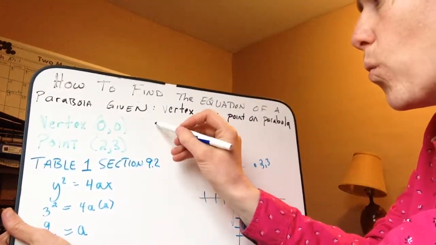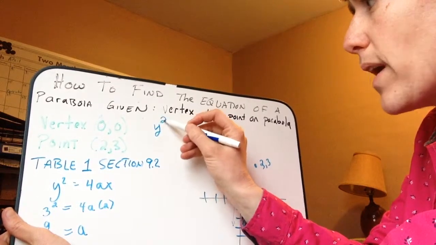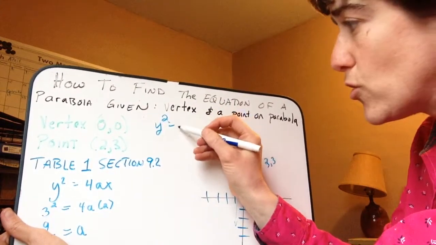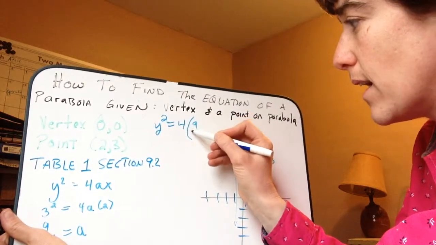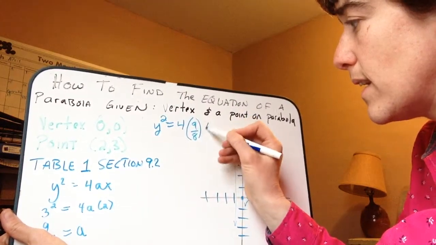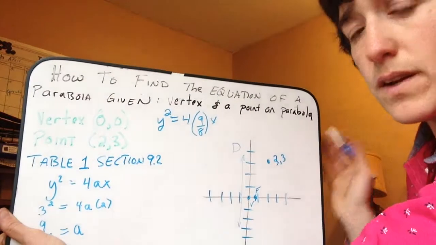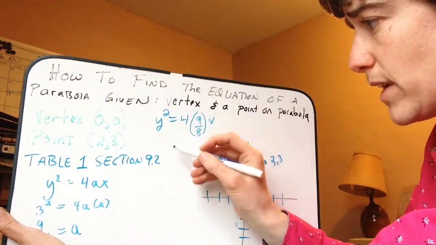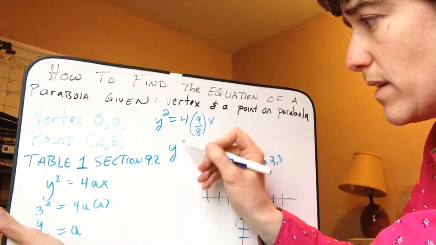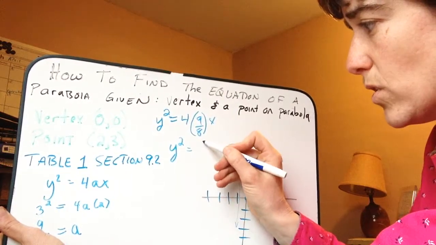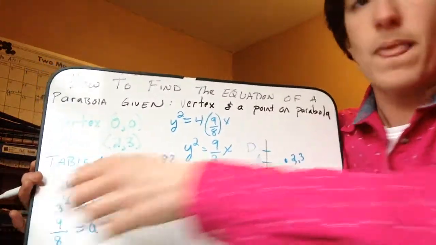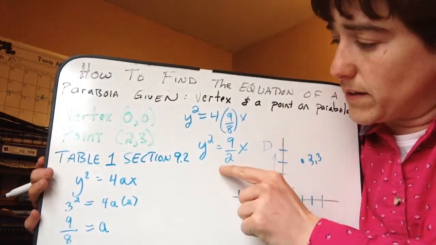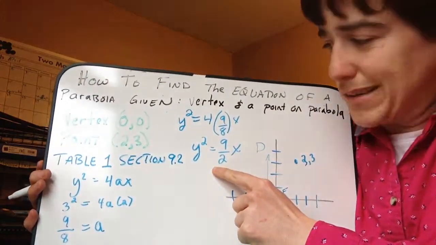I'm going to go y squared is equal to 4 times 9 over 8 x. Now when I do that, I'm going to find out that y squared is equal to 9 over 2 x. That right here is my equation of this parabola.